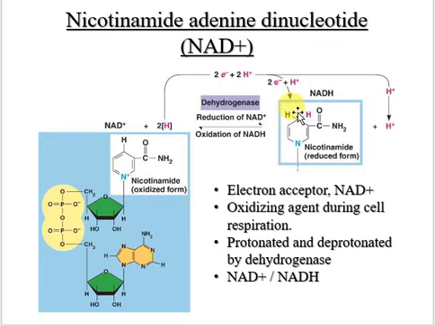By removing 2 electrons and a hydrogen ion, or a proton, from your NADH, it can oxidize NADH into your NAD+, which is the oxidized form of NADH.